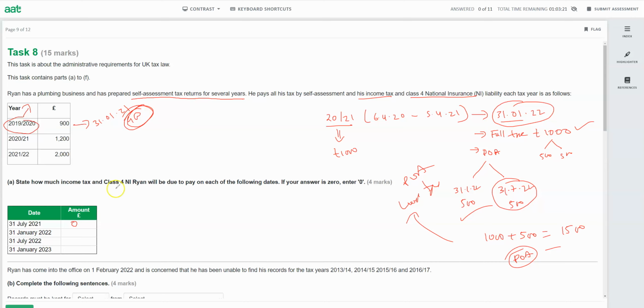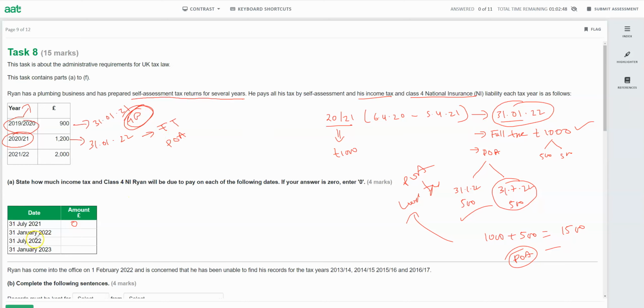The next one is 31st of January 2022, for this year 2020 and 21. Here 2021 represents 6th of April 20 to 5th of April 21, and you have to pay on 31st of January 22. Here I have to pay the same thing, the full tax, and if there is any payment on account, I need to pay that.